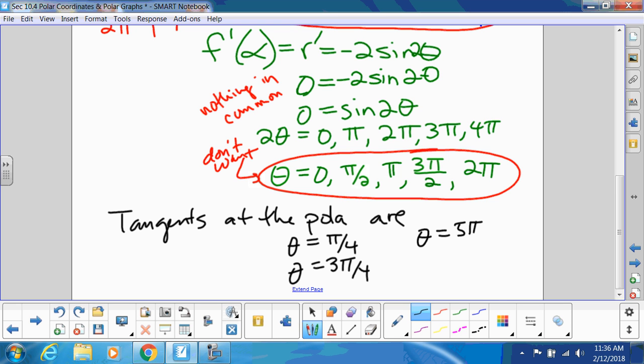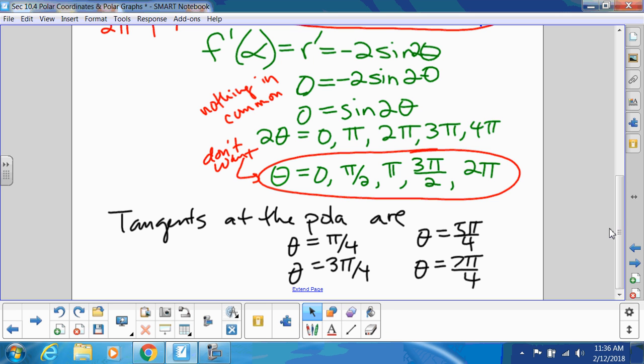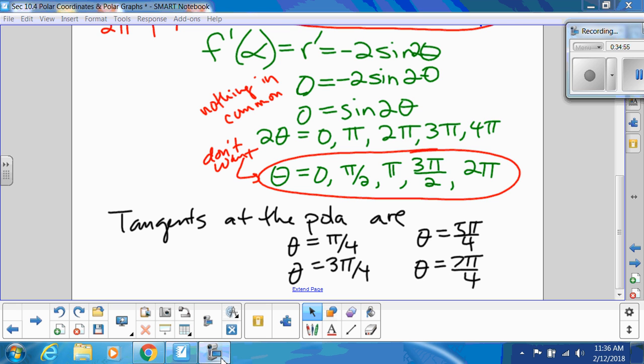So these aren't points, these are actual equations of the lines. Versus before, we just said where do the horizontal and vertical tangents occur. Okay, so there you go. There's polar and derivatives. And now you can work on your homework.